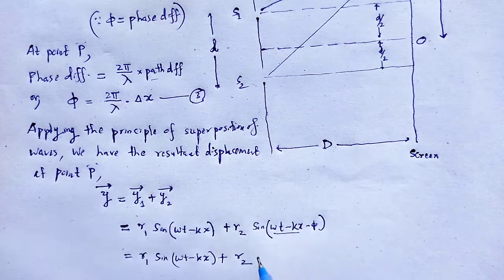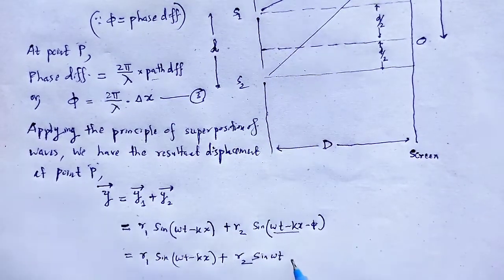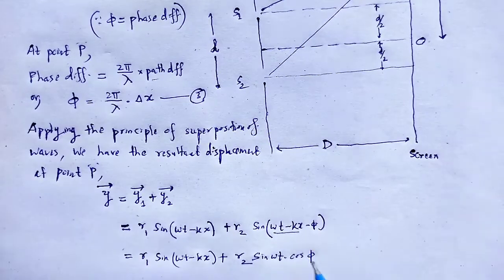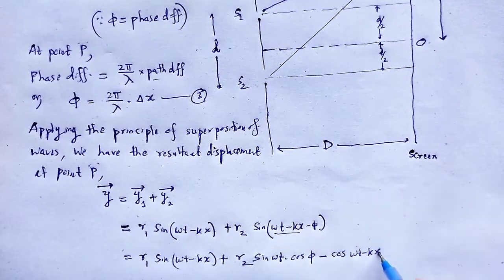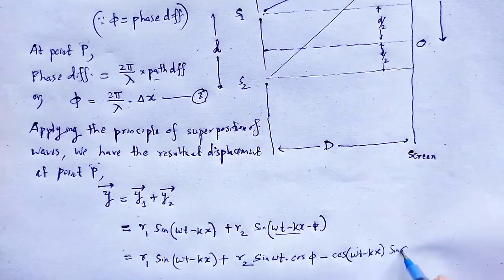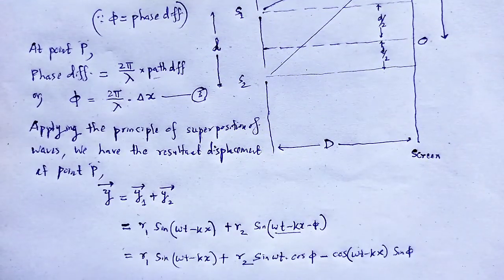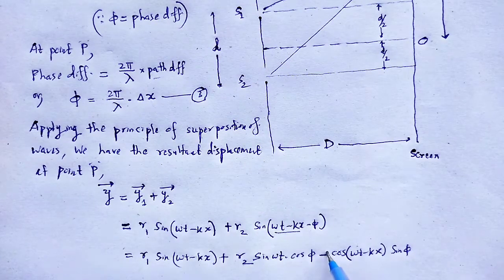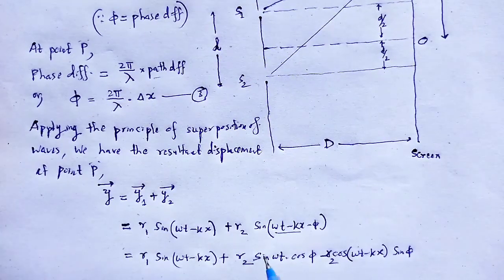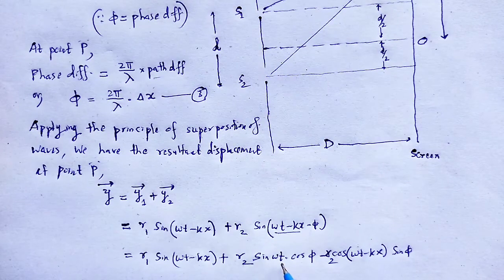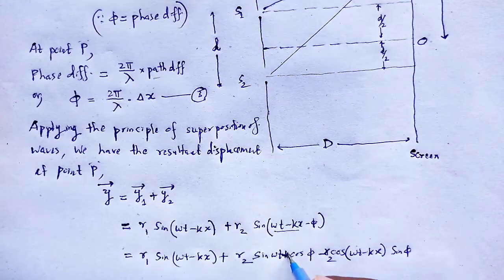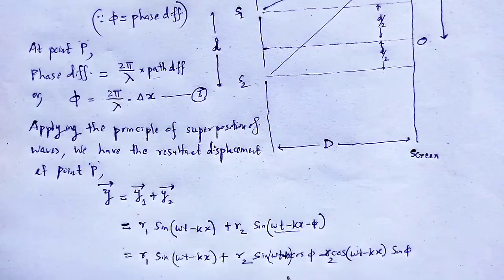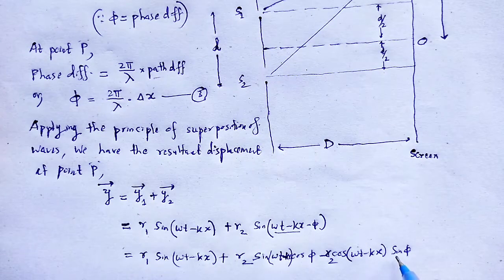Here a is omega t minus kx, and sin(a minus b) is sin a cos b minus cos a sin b.